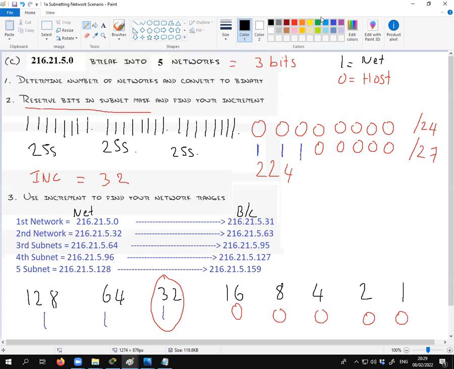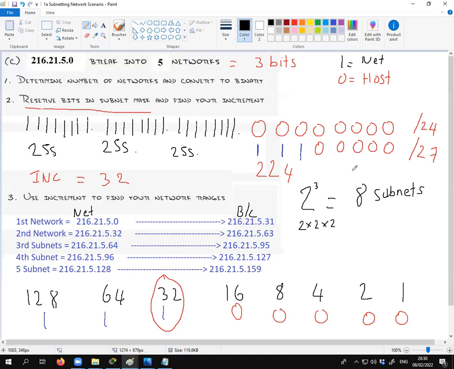So the formula is 2 to the power of the number of bits. 2 to the power of 3 is 2 multiplied by 2 multiplied by 2, which is 8 subnets.